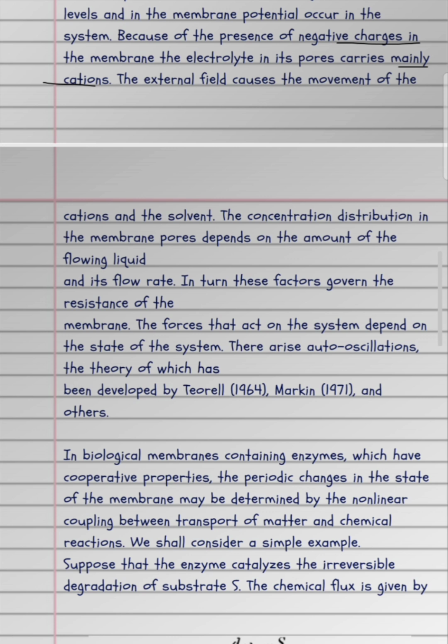In turn, these factors govern the resistance of the membranes. The forces that act on the system depend on the state of the system. This means there arises auto-oscillation, the theory of which has been developed by Teorell in 1964, Markin in 1977, and others also.